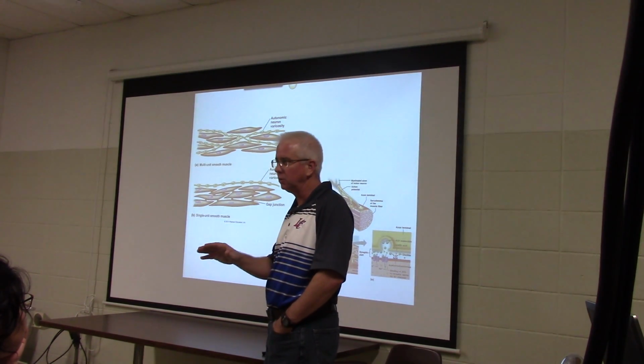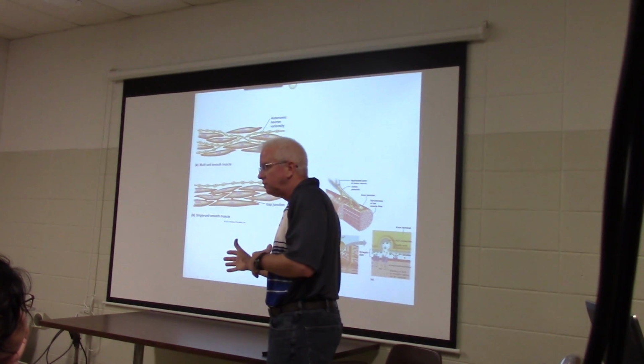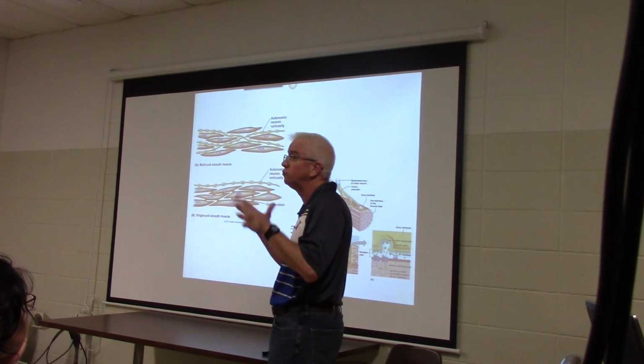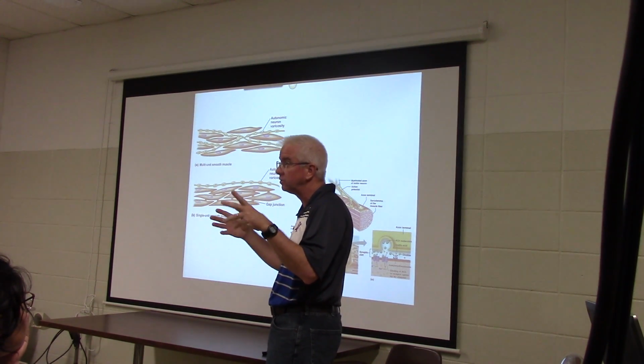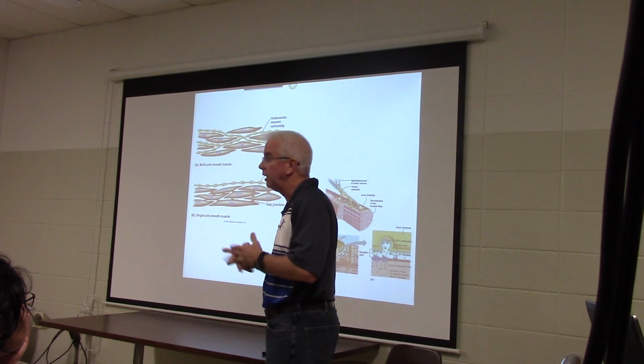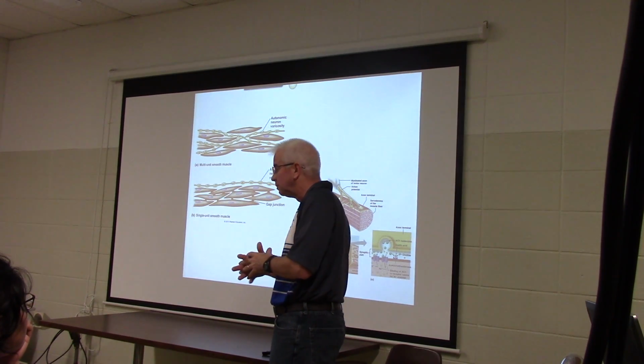So if you're looking in your book and reading, which I hope that you do, the images that you've seen, the pictures we went through with the histology, with the exclusion of the stratified cuboidal and columnar, which is very rare, we did all the others. We talked about where they're located and how you identify them and all that stuff. You can follow that right along in your book.